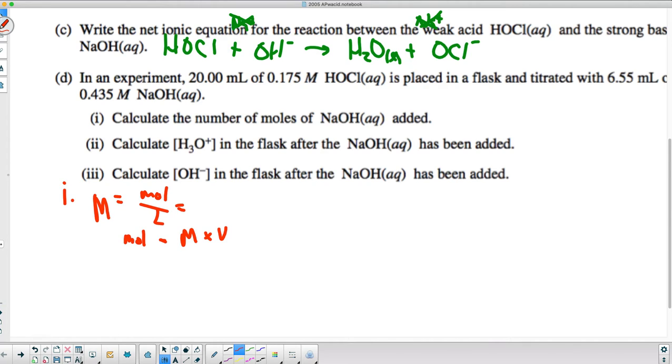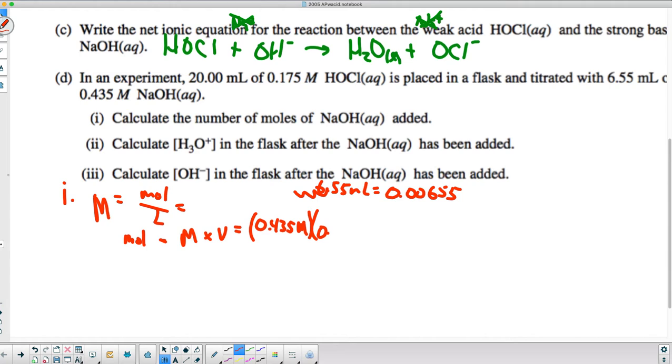That's actually pretty easy. I'm going to plug this stuff in. It is 0.435 capital M times, and then how much is it? 6.55 milliliters goes, I go 1, 2, 3 places to the left, to 0.00655.